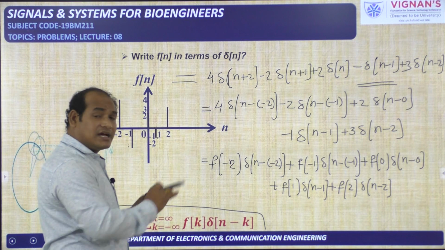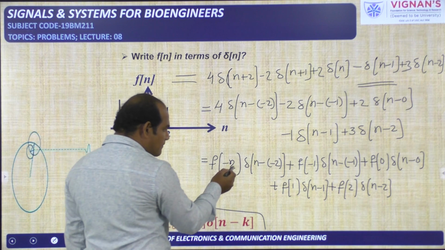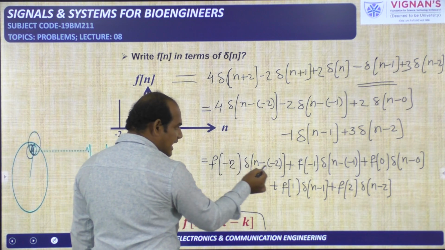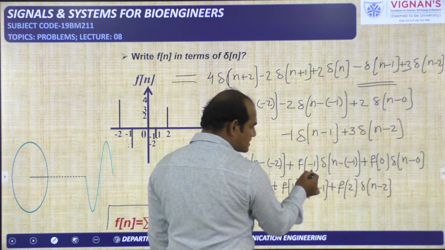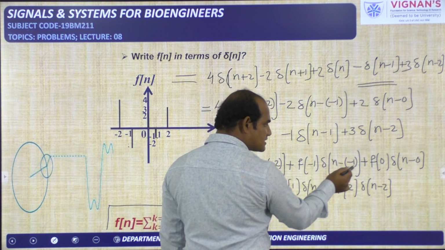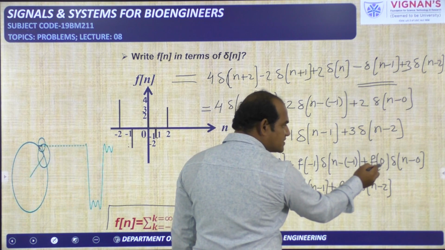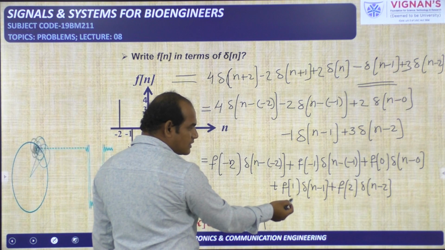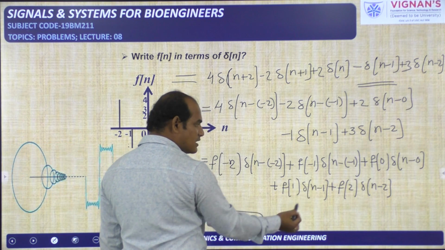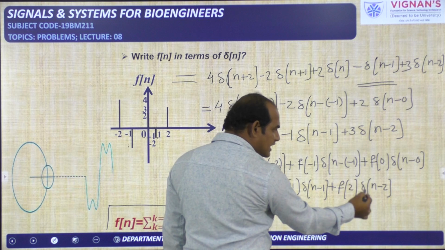Now if you see this equation carefully: f of minus 2 into delta of n minus of minus 2, f of minus 1 into delta of n minus of minus 1, plus f of 0 into delta of n minus 0, plus f of 1 into delta of n minus 1, plus f of 2 delta of n minus 2.